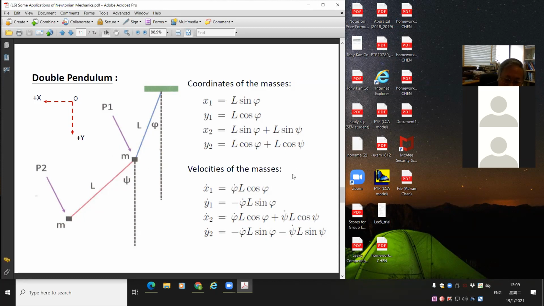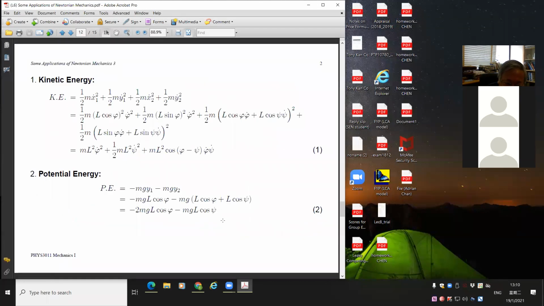All right. We want to find the velocities. So we differentiate x1, y1, x2, and y2. All right, so we get these velocities. Then we can write down the total energy, kinetic energy and potential energy.